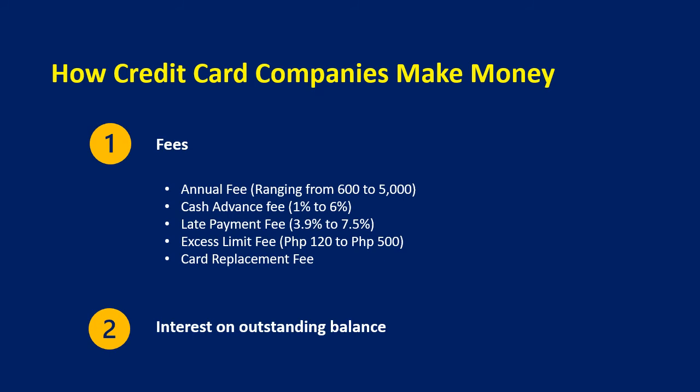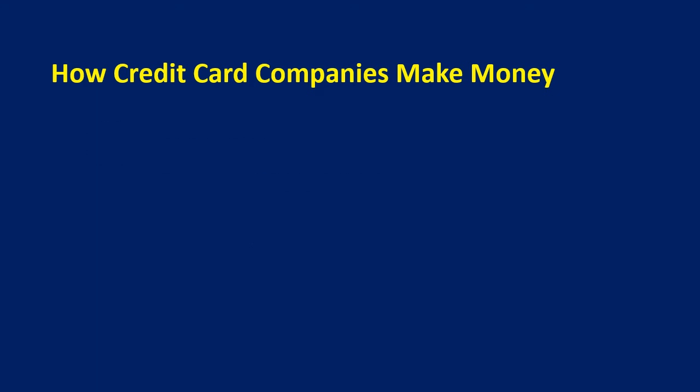Okay, next. Interest on outstanding balance. This is 1% to 5% per month. Meaning to say, if you do not pay the full amount, you will be charged. Again, it depends on the type of card that you have, but the range is 1% to 5% per month.